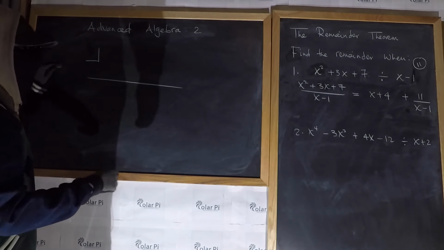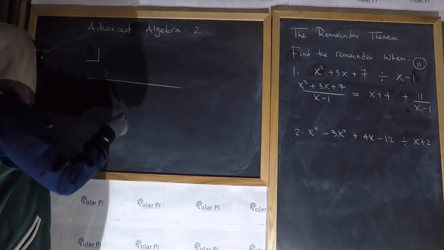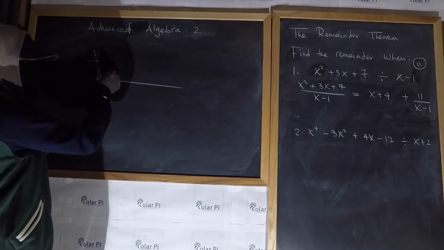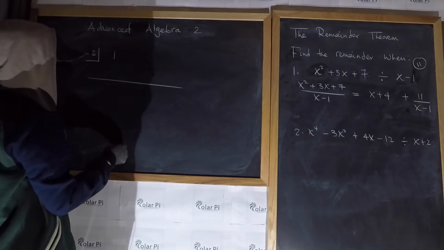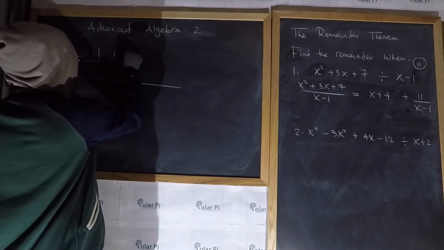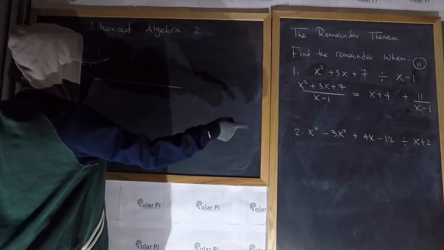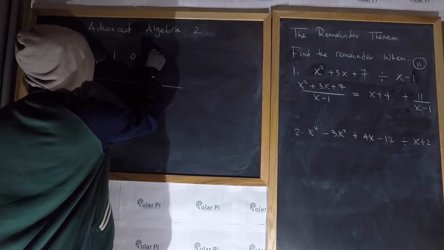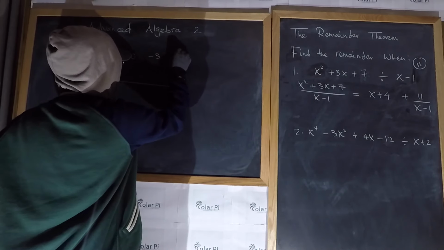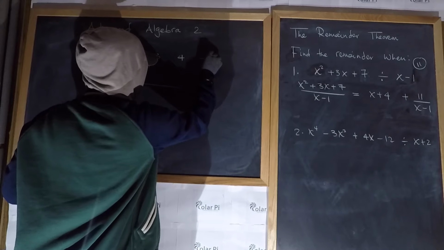Okay, so in the second polynomial division problem, we write a minus 2 here, and then we account for any missing powers of x with a 0 placeholder, so a 0 for the missing x cubed term, and then minus 3, and then 4, and then minus 12.